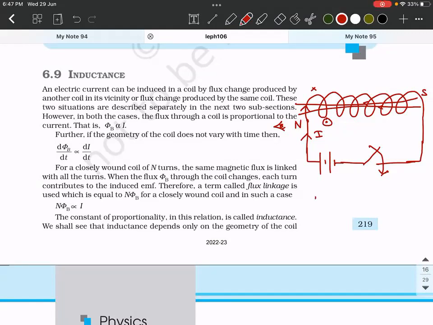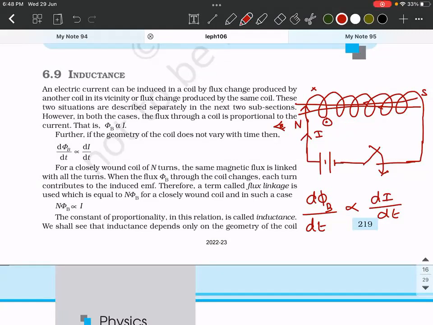Can I say that the change in flux that has taken place with respect to time is directly proportional to the rate of change of current? Can I say that? Are you convinced or not? Right? And what does that I stand for? I is the current which is flowing through itself. Till now we would have seen we have a magnet separately, we have a pickup coil separately.